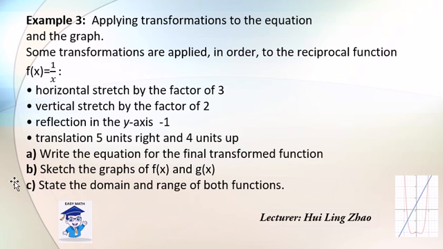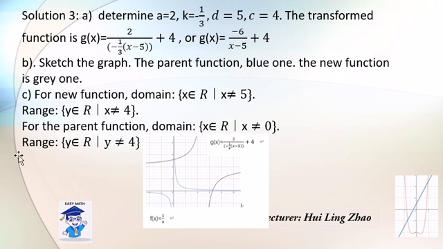There are 3 questions. Number A, write the equation for the final transformed function. Number B, sketch the graph of f(x) and g(x). Number C, state the domain and range of both functions. And the solution A, determine a equals 2, k equals negative 1 over 3, d equals 5, c equals 4.